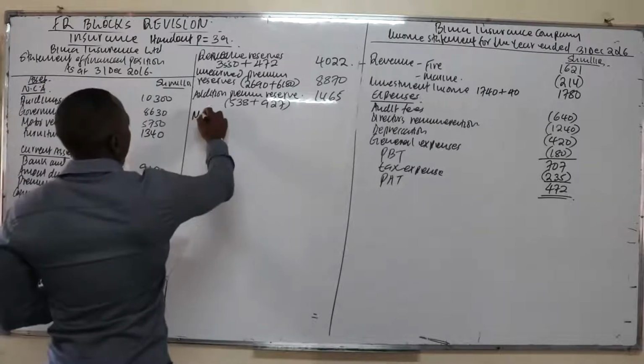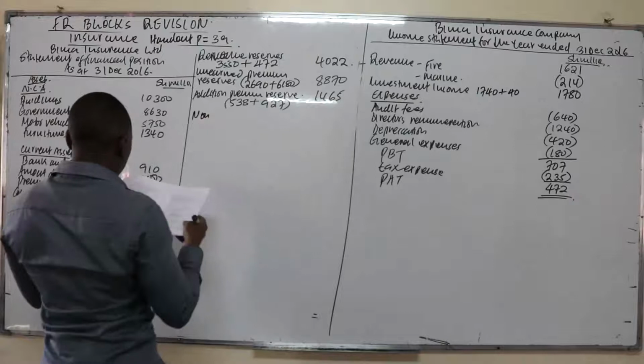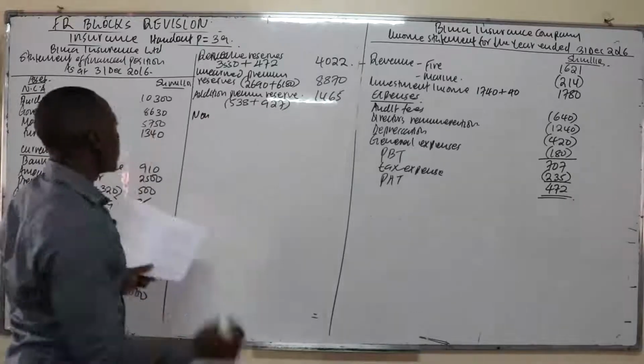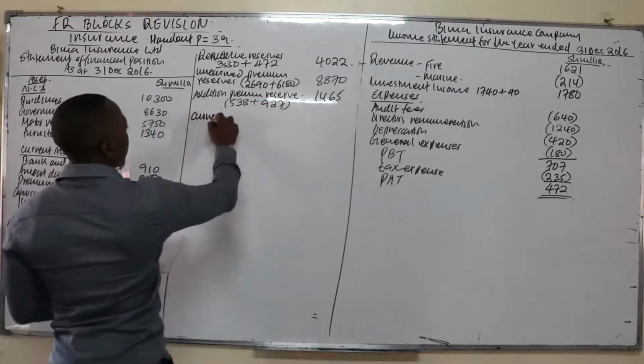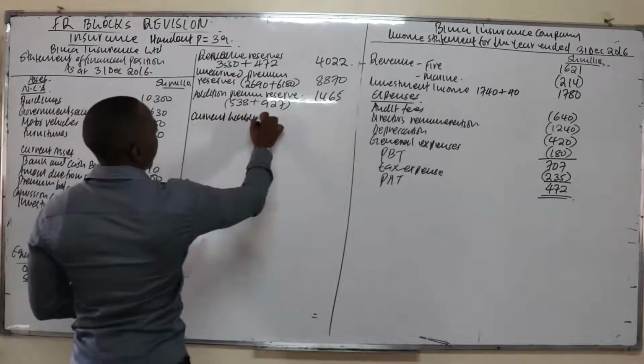Good. So let's go to the non-current liabilities. Do we have any non-current liabilities? No, I didn't see any loan. So that means we just go to the current liabilities. So what do we have in the current liabilities?